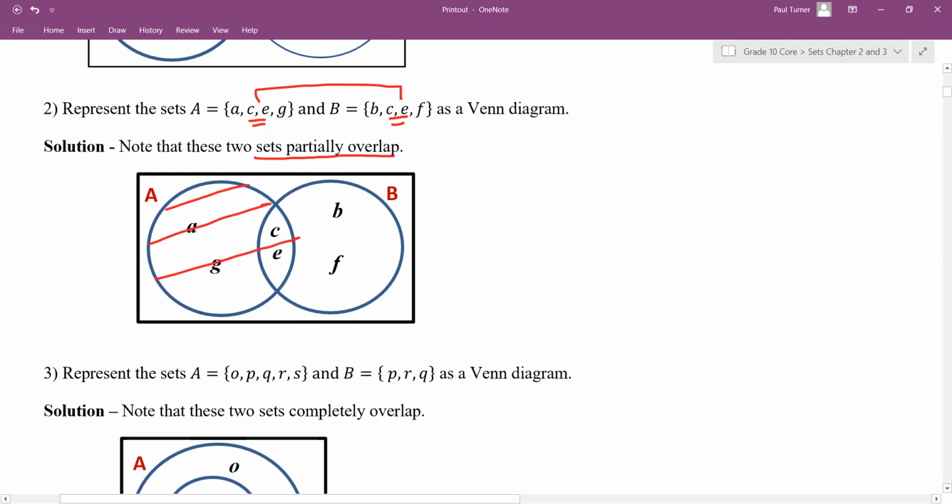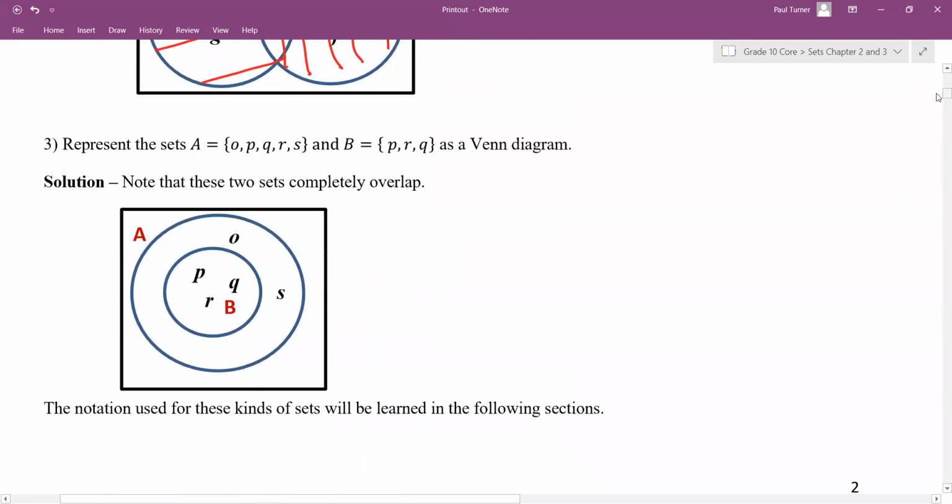So that's set A, including C and E, right? That's set A. Set B has C and E, but it also has B and F. So they're written in this part because they're not in A. So set B would be written like that. Okay, so they have a partial overlap. And this is the common one that you see in a lot of questions where some elements are shared between the 2 sets.